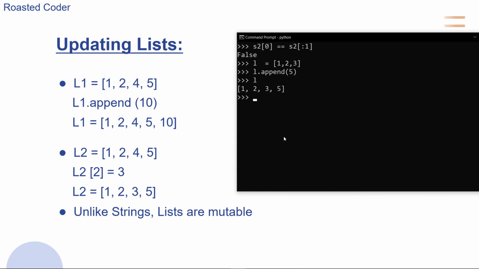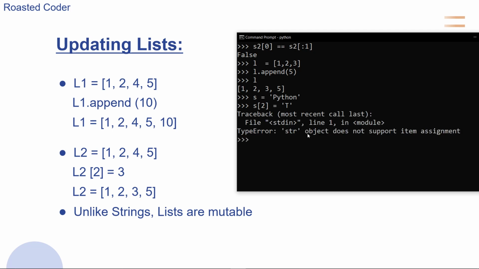Unlike a list, we cannot update a value by its position in a string. Let's take an example of a string. Let s equals Python. Now we cannot change t to any other character. Like if we want to change s of 2 to capital T, it will throw an error.